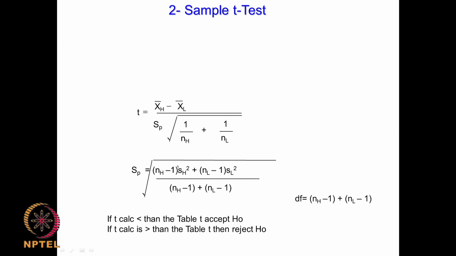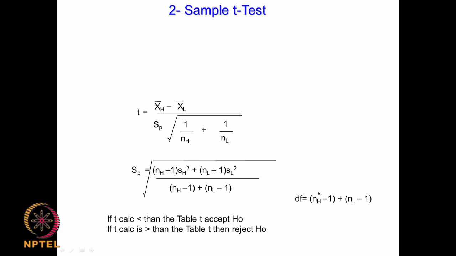And then S_p is given by the square root of (n_H minus 1) S_H squared plus (n_L minus 1) S_L squared, divided by n_H plus n_L minus 2, where S_H is the standard deviation for the first group and S_L is the standard deviation for the second group. And this is called the t calculated. If the t calculated is less than the table t, accept H naught. If t calculated is greater than the table t, then reject H naught. The degrees of freedom is equal to n_H plus n_L minus 2. So, in this particular problem it will be 63 minus 2, 61 will be the degrees of freedom.